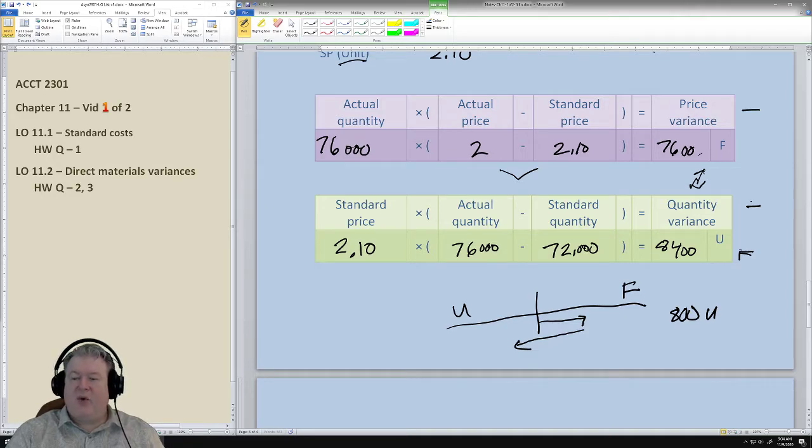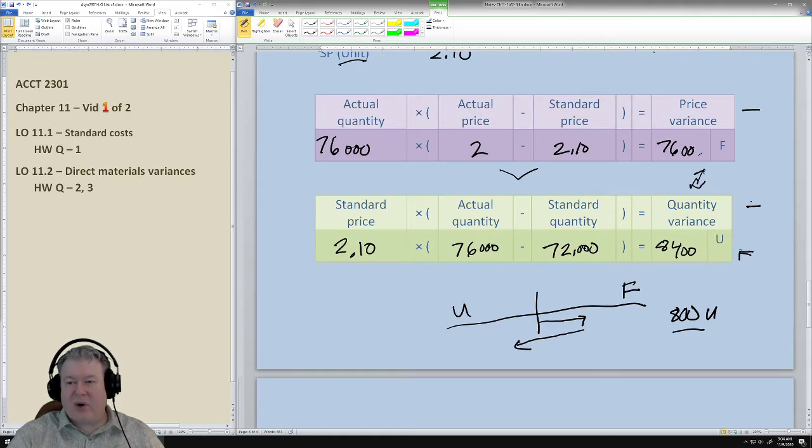So if we had just calculated the direct materials variance and we said it's 800 unfavorable, if we had just looked at that, we might have said, oh, that's pretty close. It's a little on the low side, but it's not terrible. We wouldn't actually get the information we need to improve our business.